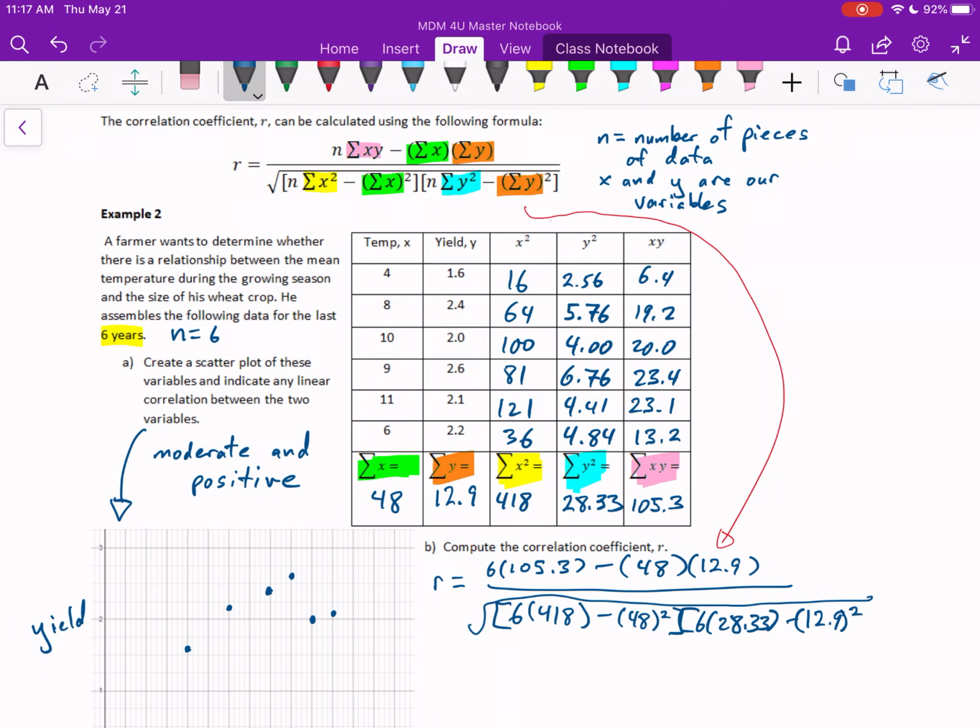All right, so filling in the numbers again, a tedious piece of work to do, but not that big of a deal.